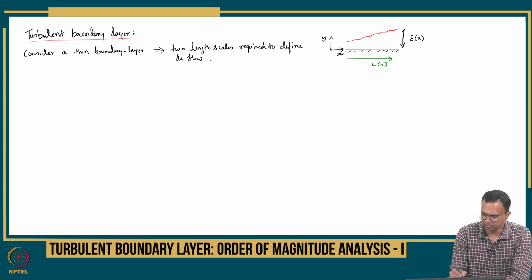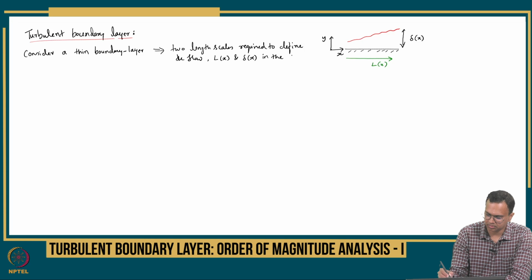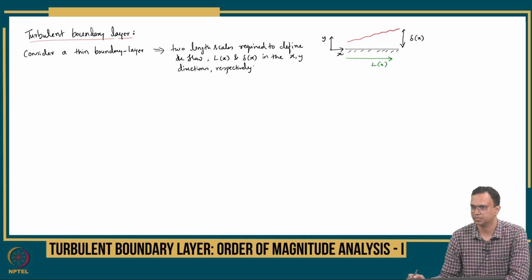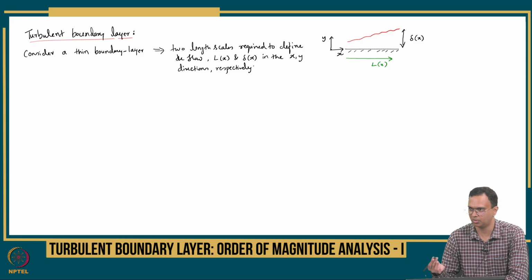That means we have chosen L of x and delta of x in the x, y directions respectively. Two scales. So we are introducing scales now. So far we have done only governing equations. Now we have taken a problem and we are introducing scales to see what a turbulent boundary layer looks like.